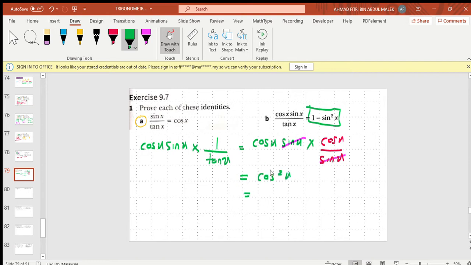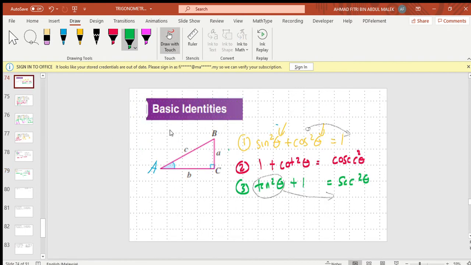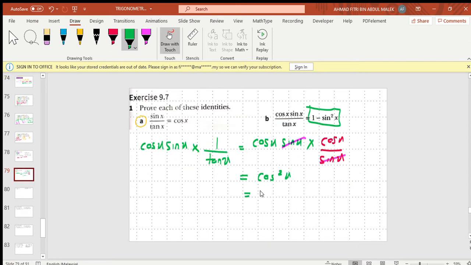From the basic identity, cos square x is equal to 1 minus sine square x. So we are done, we have proven it. The final answer is proven. Just like that, a simple thing.